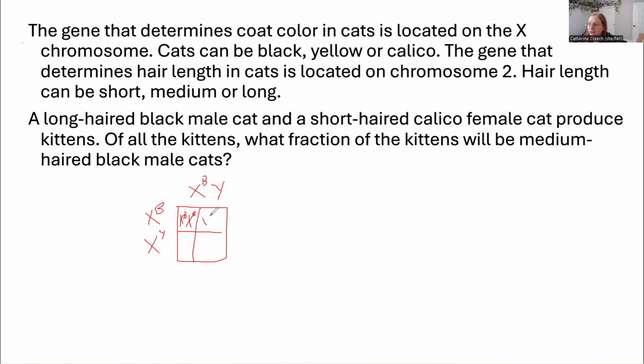Then we're going to get a black male kitten. We're going to have a calico kitten, yellow allele on the X chromosome. This is a female. And then we're going to get a yellow male kitten with the Y chromosome being a male.